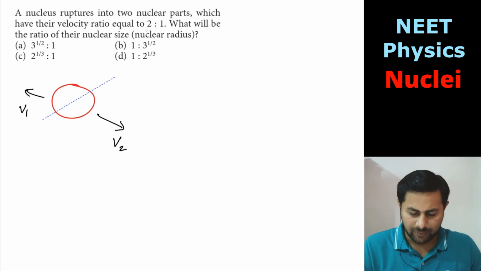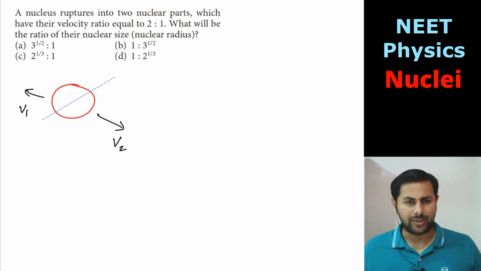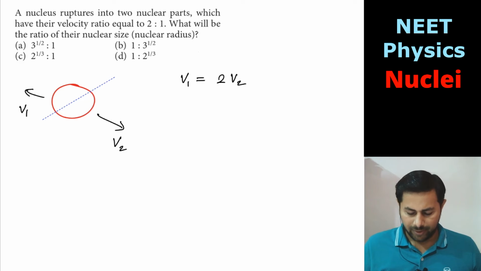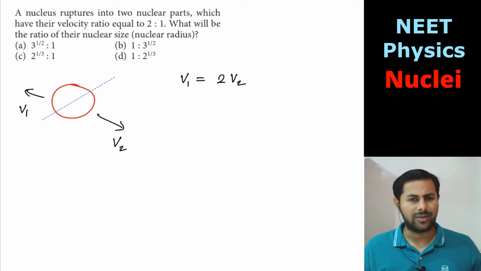What's given? The velocity ratio is 2:1, so v1 is 2 times v2 in magnitude, but the velocities are in different directions. What will be the ratio of their nuclear size? This is the question.